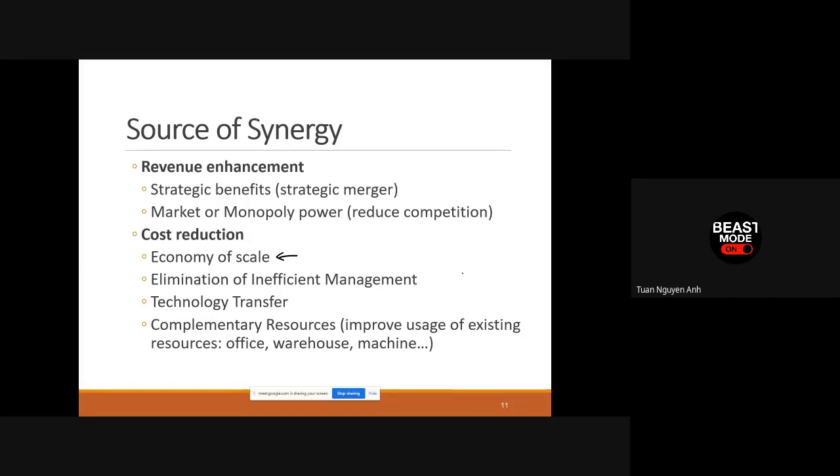So instead of two boards of management, we have one board of management, maybe with more managers, but in total it may be less. For example, we need five people in bottom management in A and 7 in B, but after the merger we may only need 10 in total. So here is 12 and here is 10. So we can eliminate some inefficient management or some level of management.